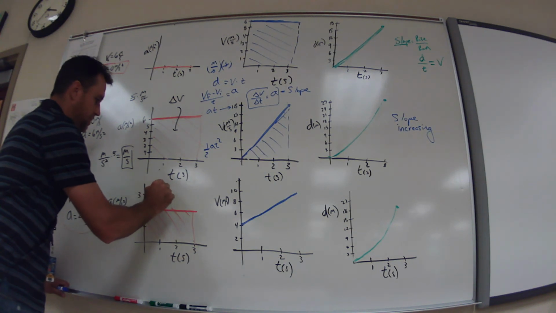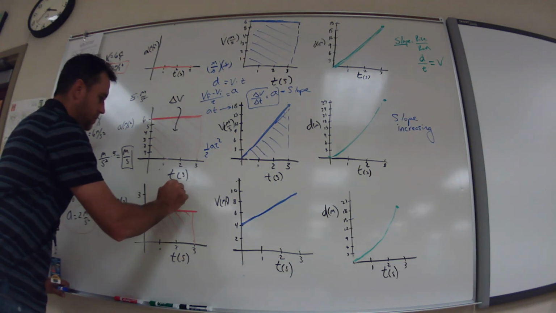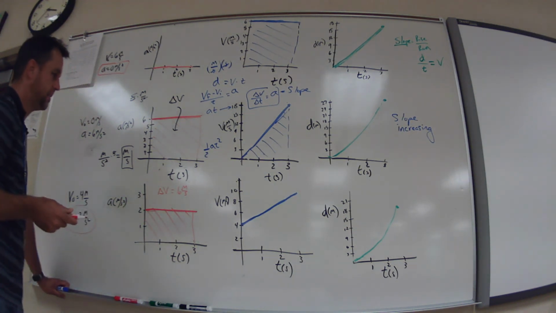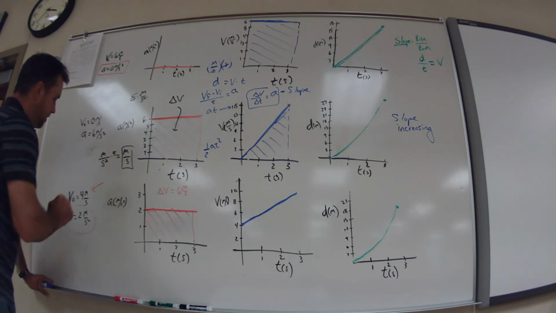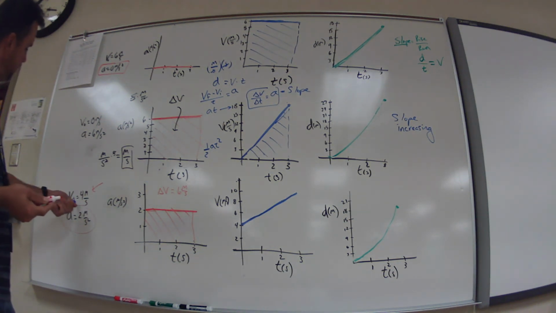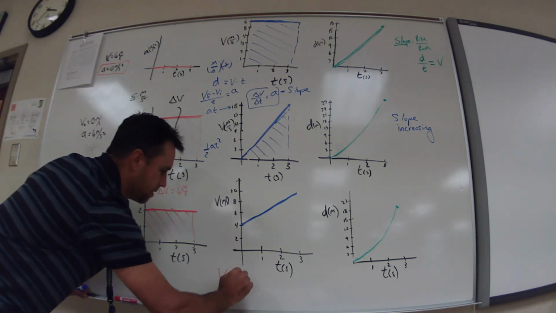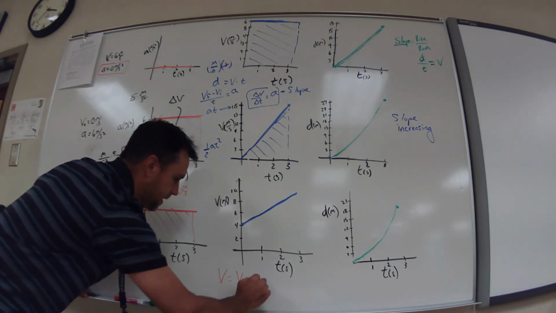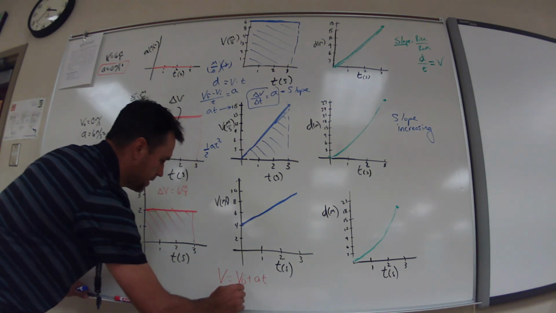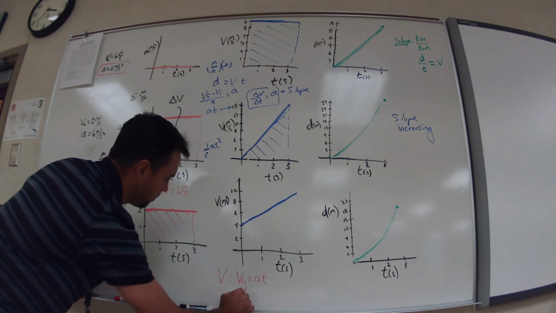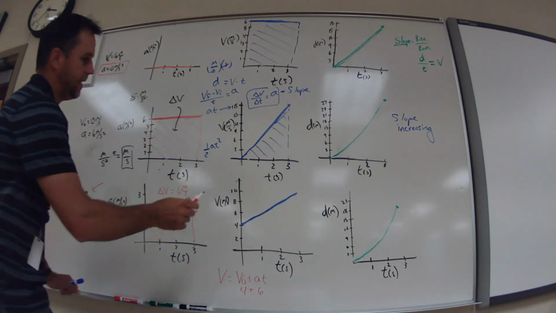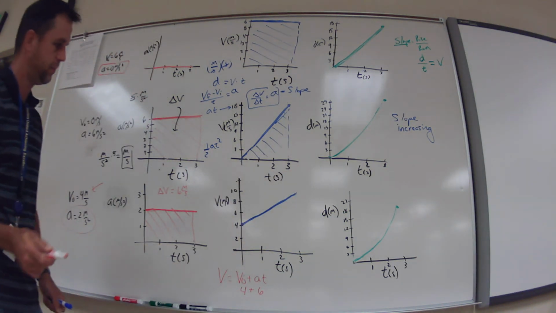That represents my change in velocity. The change in velocity is 6 meters per second. So if I start with a v initial of 4, the final velocity is going to equal my v initial plus that area, at. Okay, so in other words, it's going to be 4 plus 6. So I need to end up at 10 at the 3 second point.